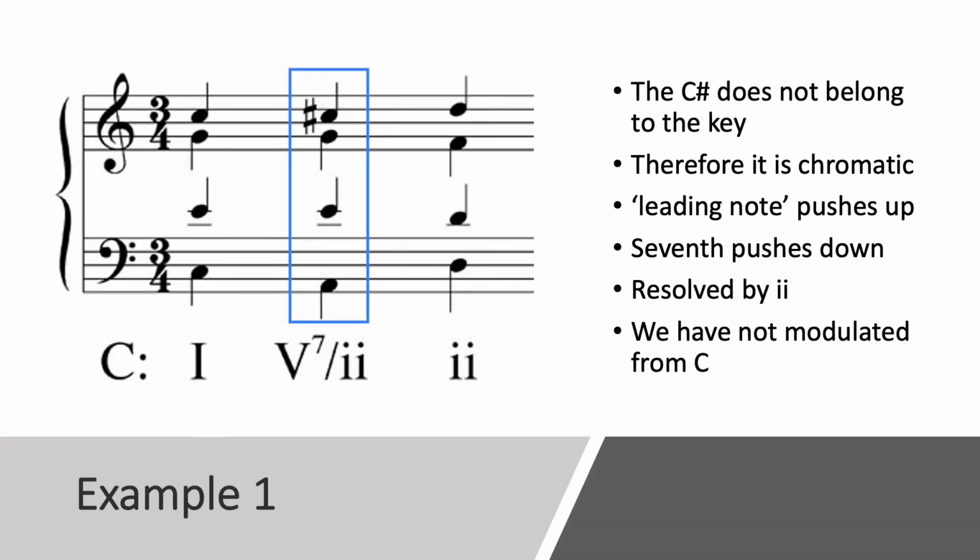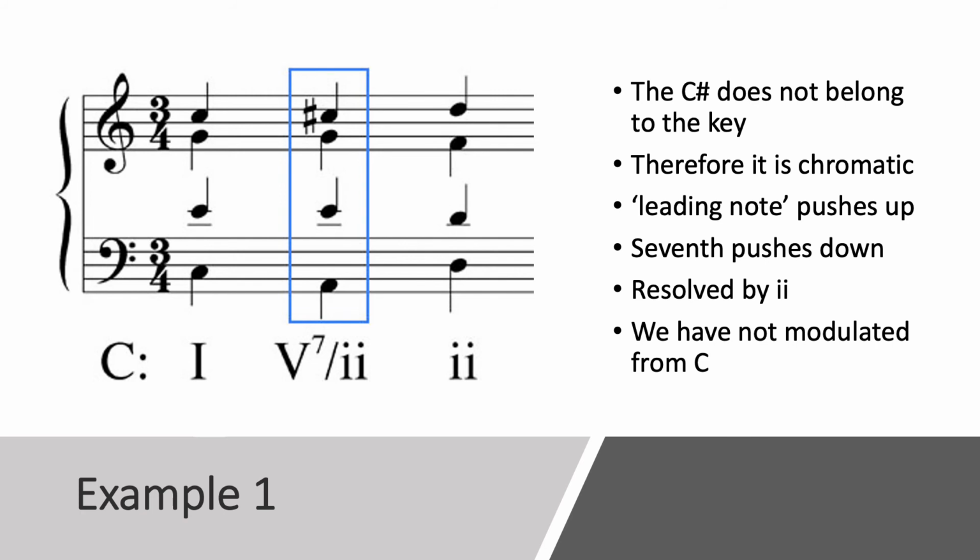So in this example, we've got chord 5/7 of 2. So we've got an A7 chord there with the blue box round it. It's the C sharp that doesn't belong to the key of C. So that's the chromatic note. The whole thing behaves like a cadence, a perfect cadence in D. So we're thinking of that C sharp as behaving like a leading note at this point.